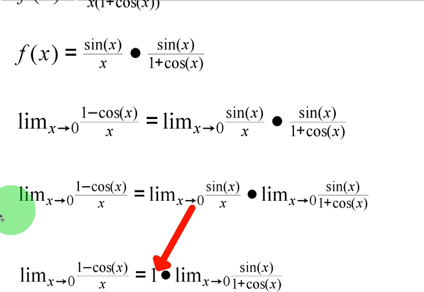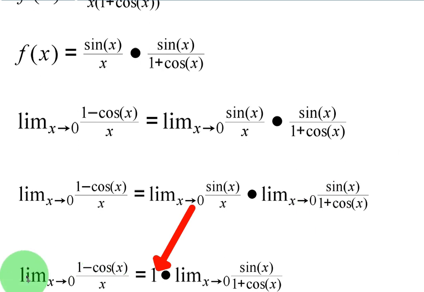So again, we can break this apart into 2 separate limits. That's a limit law that we learned way back at the beginning of the class. But guess what? This limit we've already shown: the limit as x approaches 0 of sine of x over x is equal to 1. So we can replace that, and now we just have to find this limit, which is going to be simple because we can actually just plug 0 in.